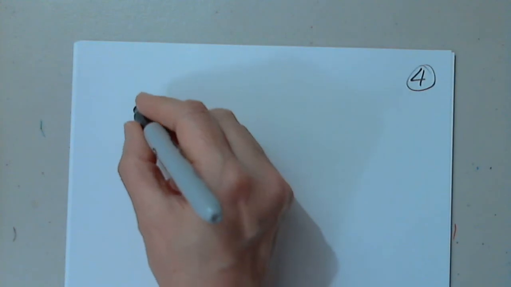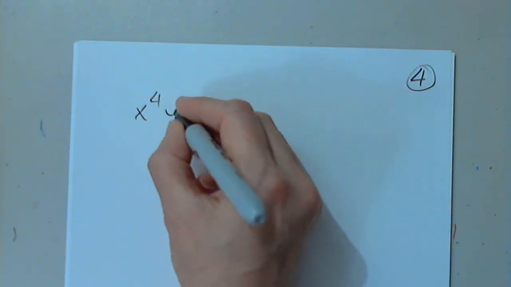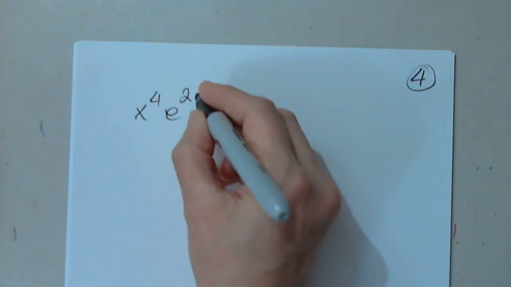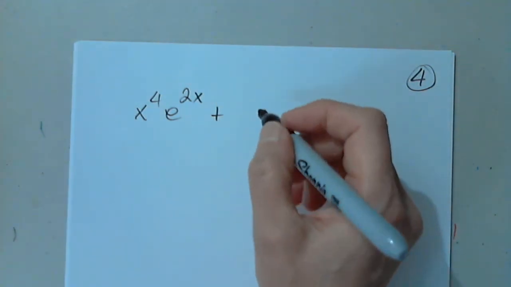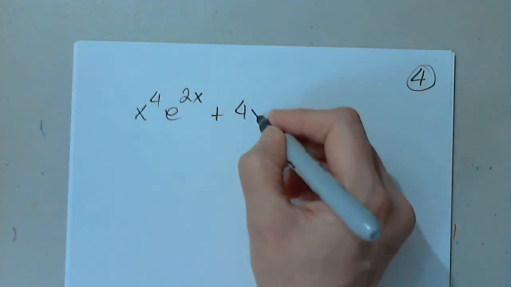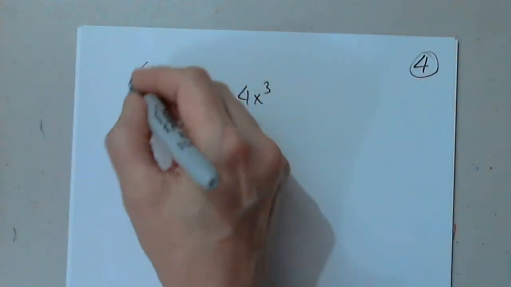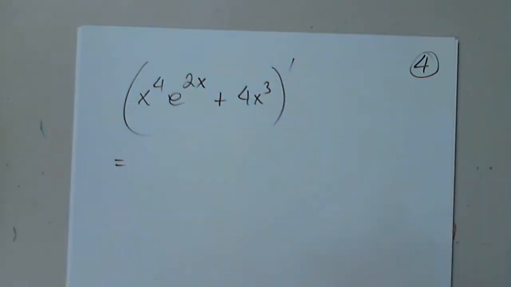So what if we have x to the 4th, e to 2x plus 4x cubed. How do I differentiate this? A product rule. Yes.